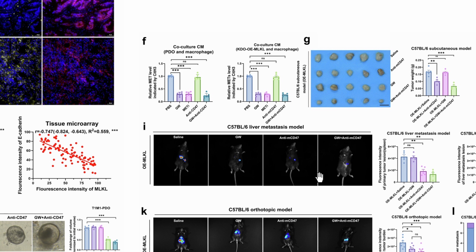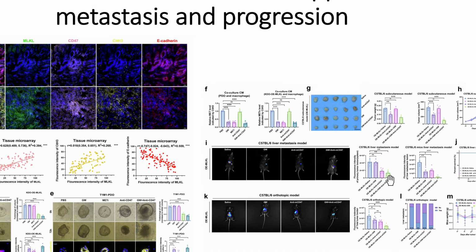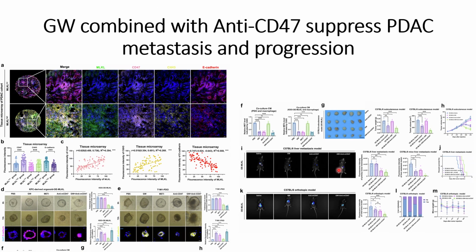The quantifications of these fluorescence images are on the right hand side, where they are checking the liver metastasis. So what they have found out is that the liver metastases are lower in the condition where they use GW and anti-CD47.